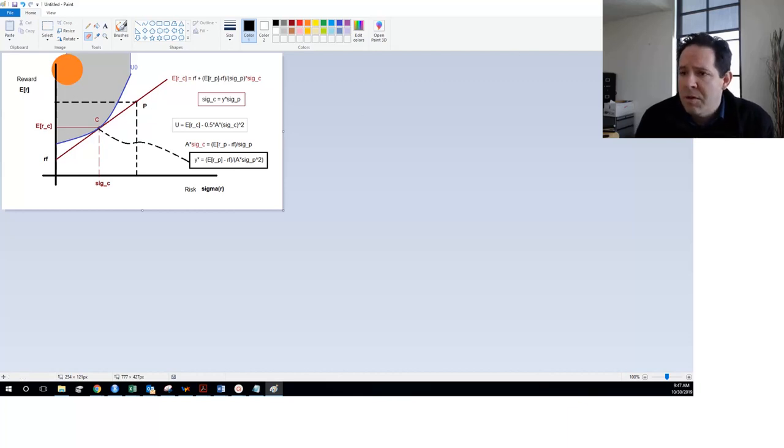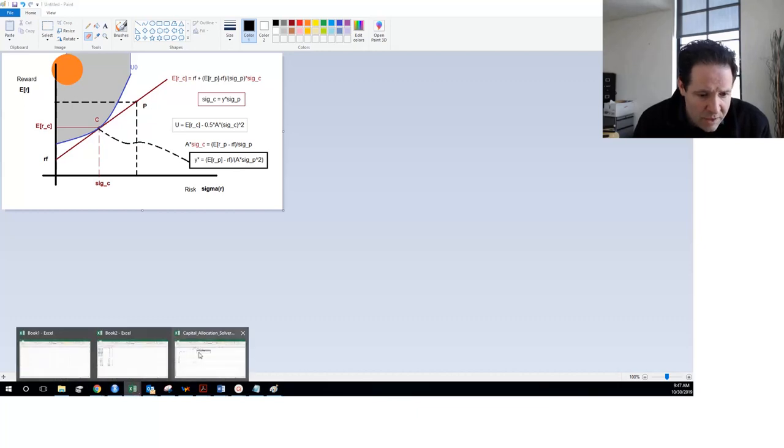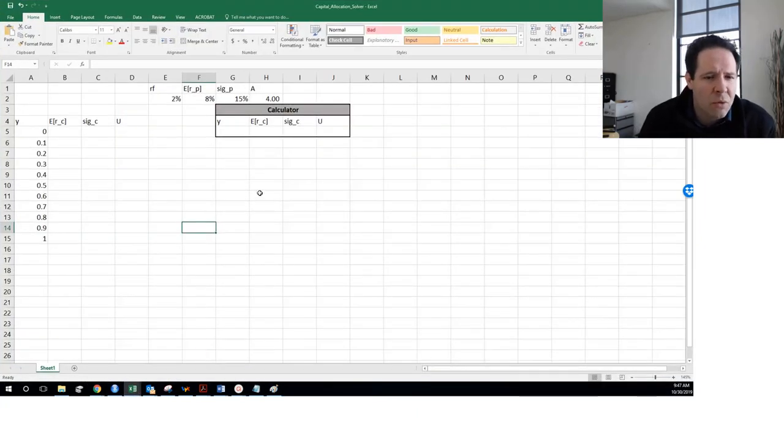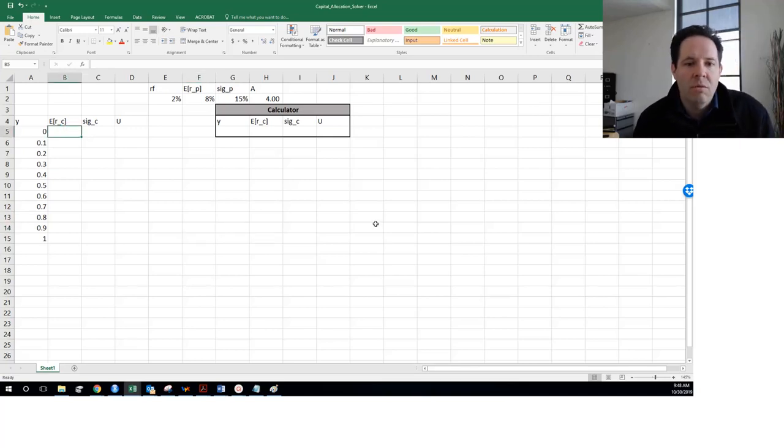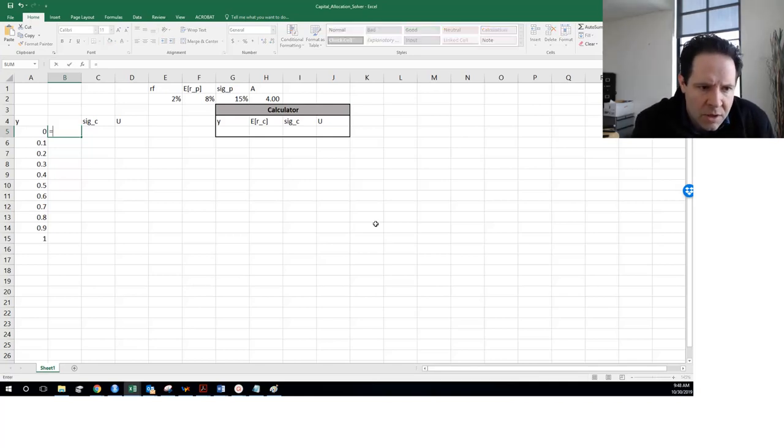Now, from an Excel perspective, we can do a little bit more of a brute force solution here. So let's set this up, and this is going to show you how to do this with a calculator within Excel. First of all, I just want to show the expected return of the composite asset.